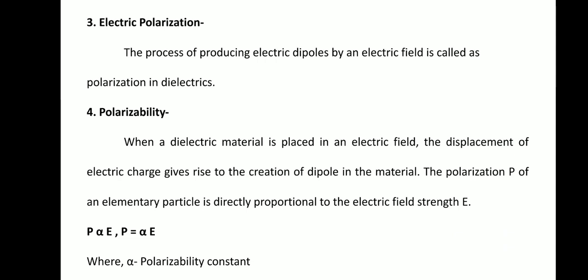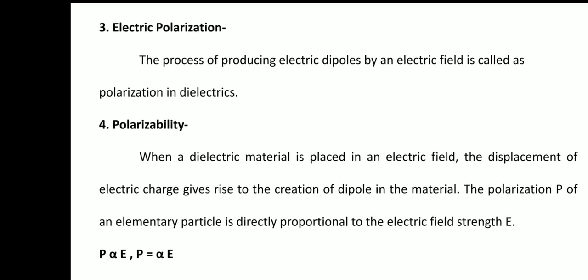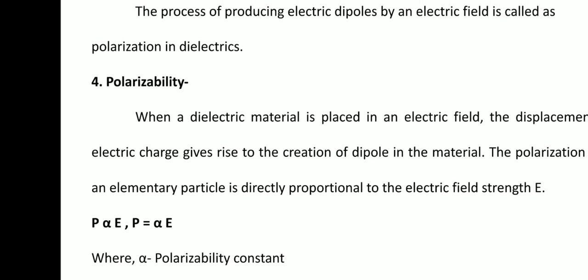Then the polarization P of an elementary particle is directly proportional to the electric field strength E. So P is proportional to E, which is P equal to alpha into E. Here alpha is the polarizability constant, or proportionality constant.